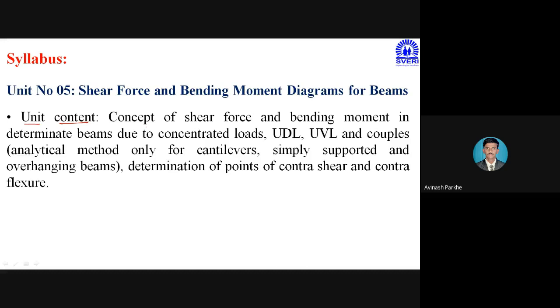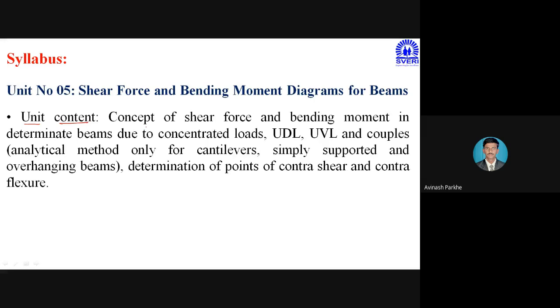Before starting the actual SFD and BMD for the simply supported beam, cantilever beam, and the overhanging beam. In this chapter, we have to draw the SFD and BMD for three types of beams. Out of that, the first one is a simply supported beam, the second one is an overhanging beam, and the third one is a cantilever beam.